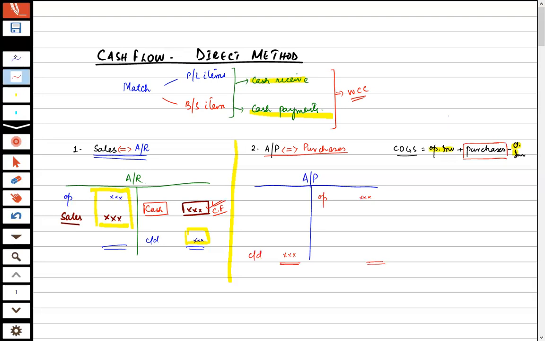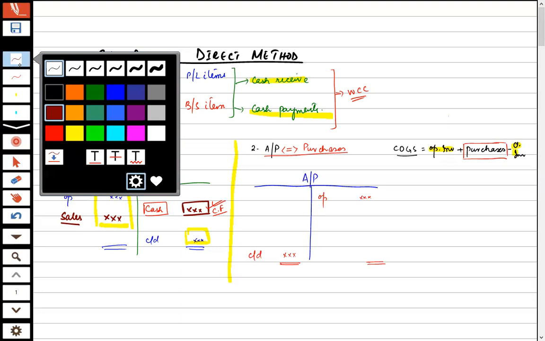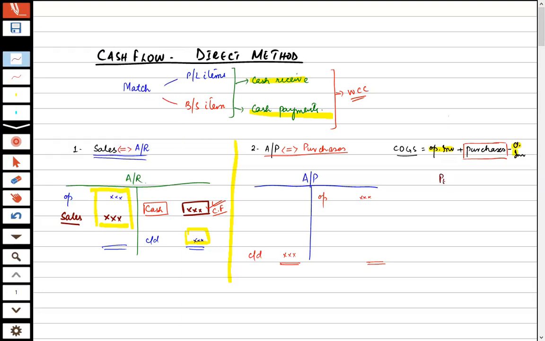Then what entry is made when we purchase items? That is purchases debit and accounts payable credit. So with the amount of purchases, the accounts payable T account will be credited.